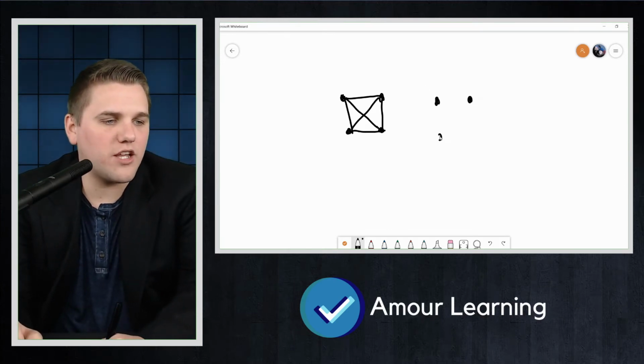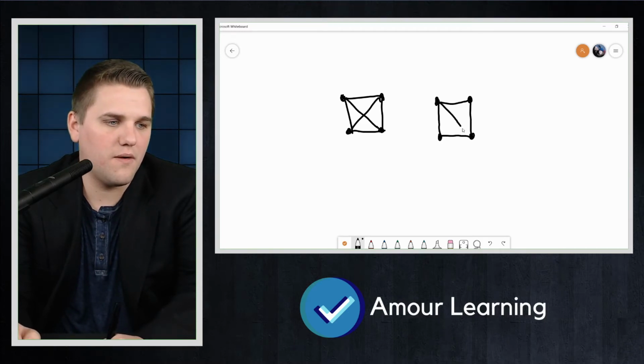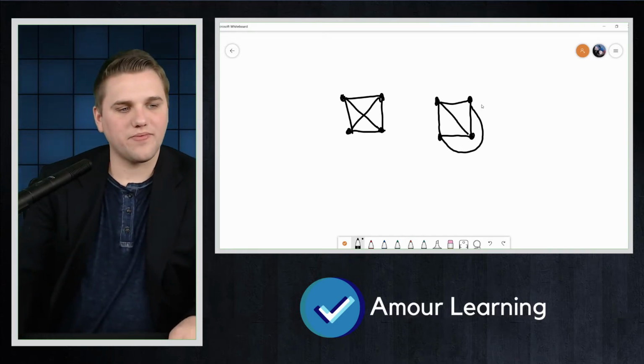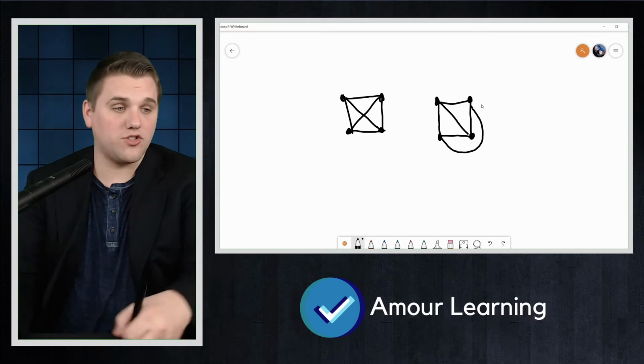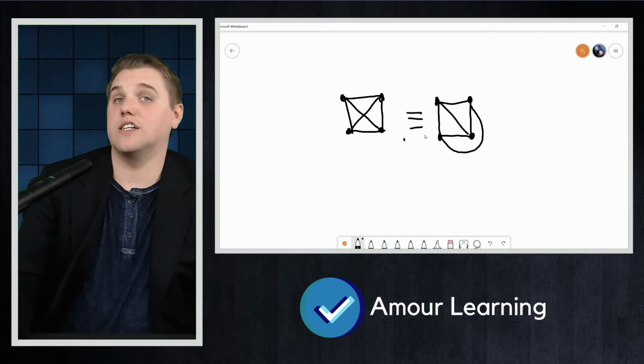That doesn't necessarily mean that the graph is not planar, though. I can just redraw this graph by moving this edge outside. Those are the same graphs. Those are isomorphic to each other. They're essentially the same graphs drawn in different ways.